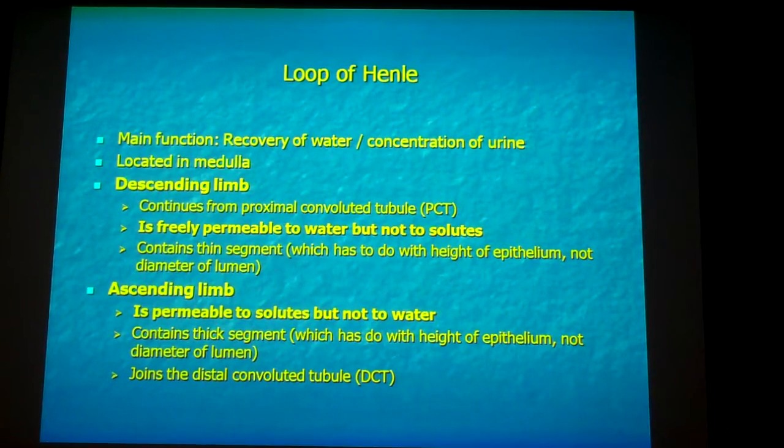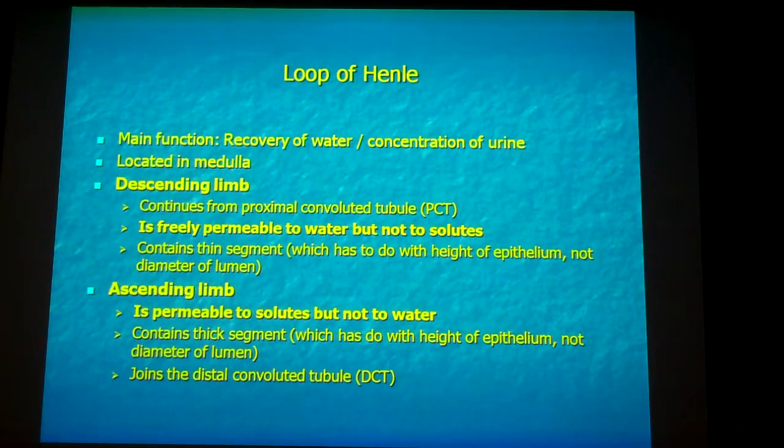All right. Now, we know that the loops of Henle have a descending limb and an ascending limb, and they have different functions. What we're going to find out is that the descending limb is permeable to water, but not to solutes.